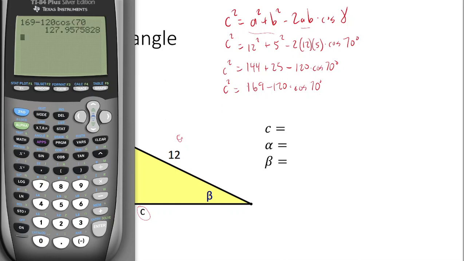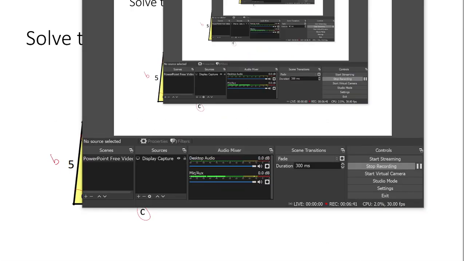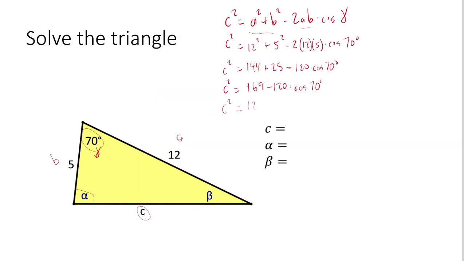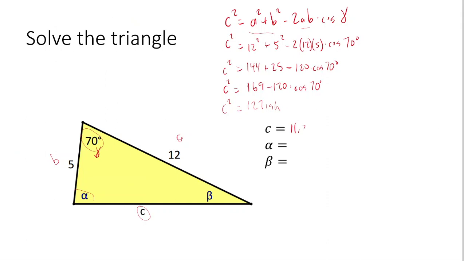That's c squared, right? C squared is equal to this 127-ish thing. We need to take the square root of this, so the square root of that is equal to 11.31. So c is 11.31.